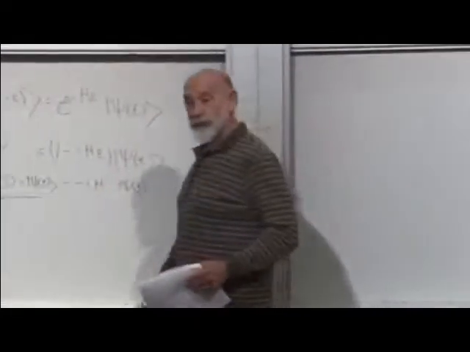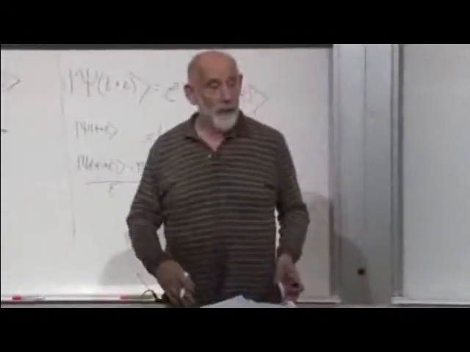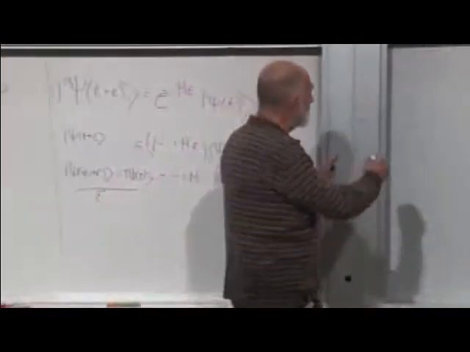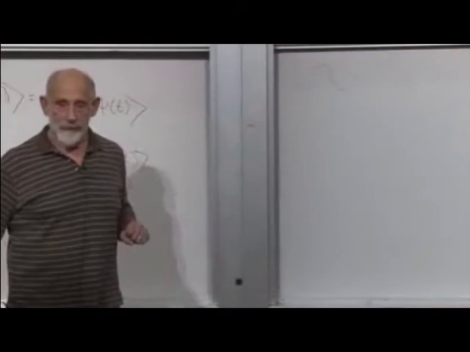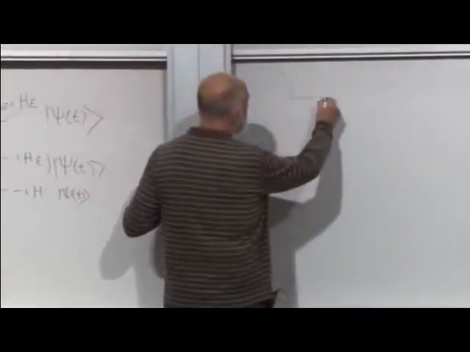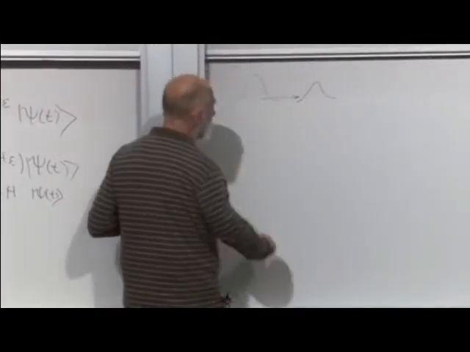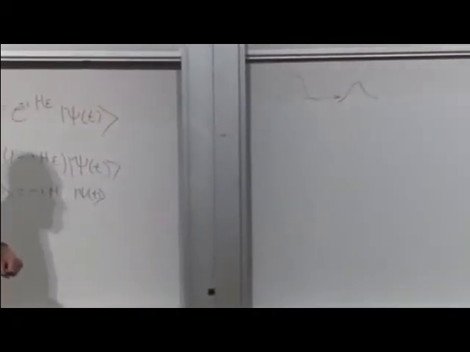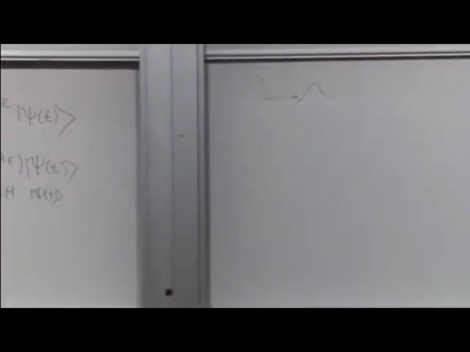Translation of a wave function. We want to take a wave function. Here's a wave function, and we're going to move it a little bit. We're going to translate it to a new wave function, and we want to find out what operation does that.